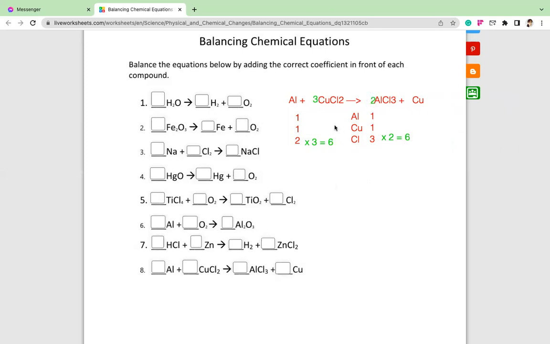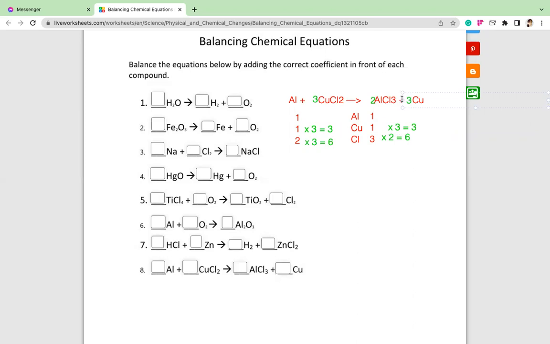Tapos, yung copper naman sa may left is multiply sa 3. Times 3. So, magkakaroon ka ng 3. Tapos, yung copper din sa right, kailangan din i-multiply sa 3. So, mag-multiply din ako ng 3. Magkakaroon ako ng 3. So, don't forget, write the number 3.